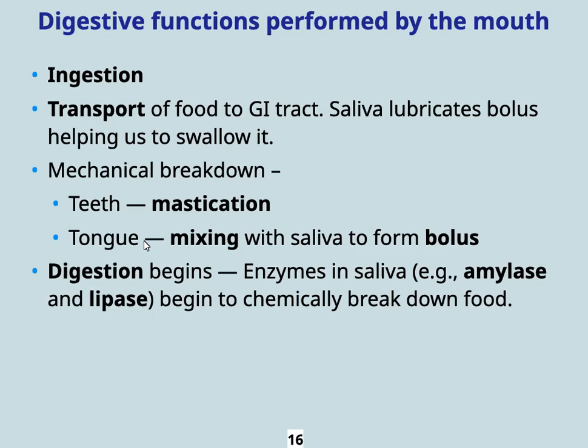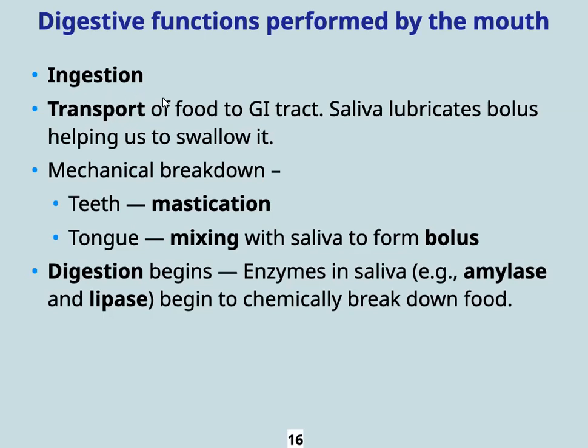The tongue helps with mixing the saliva to form a food bolus. It also helps mix the food substance with the enzymes in our saliva, thereby enhancing the speed of chemical digestion. So teeth and tongue mostly help out with mechanical breakdown.